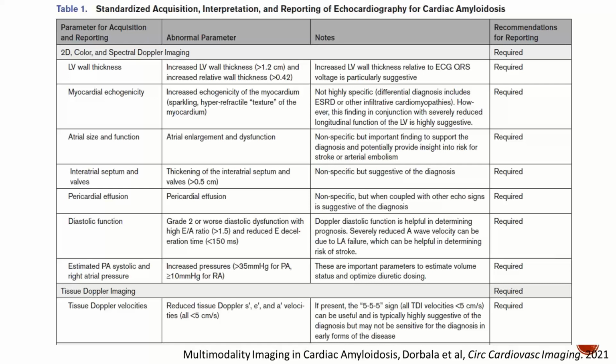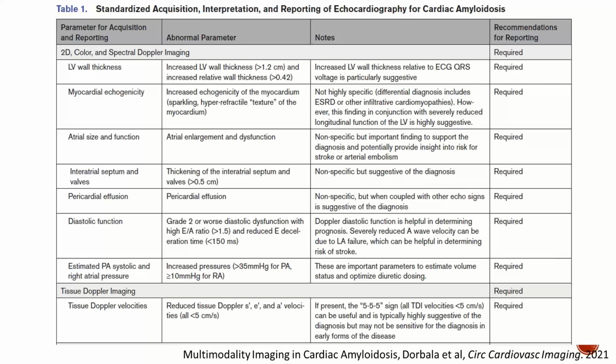You have to comment on atrial enlargement and dysfunction. It's non-specific, but an important finding that supports the diagnosis and provides insight into the risk of stroke or arterial embolism. You have to comment on interatrial septum and valve thickening, especially if more than 0.5 centimeter. You have to comment on pericardial effusion, which is non-specific but suggestive of the diagnosis when coupled with other findings.